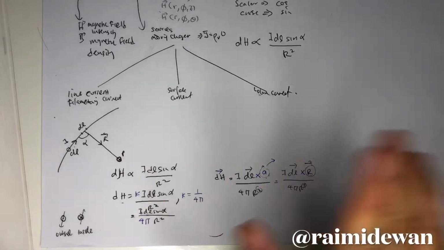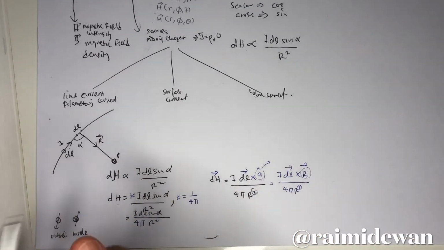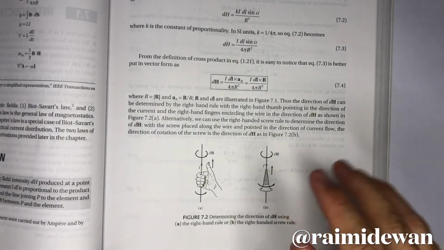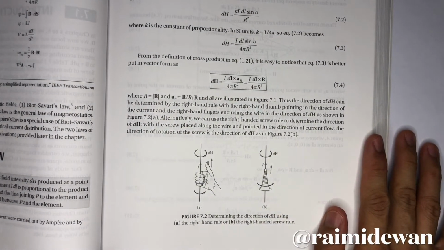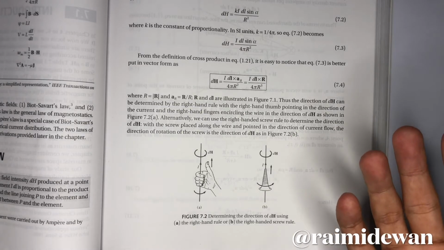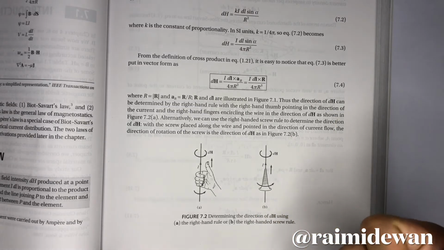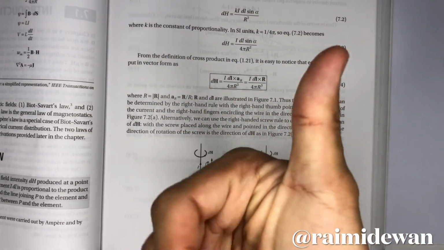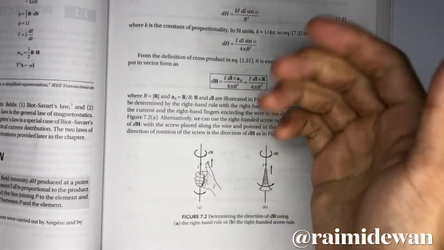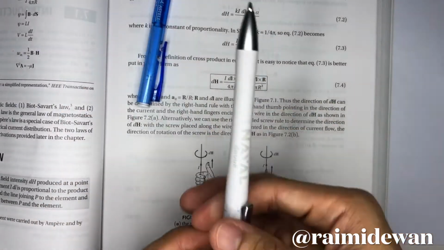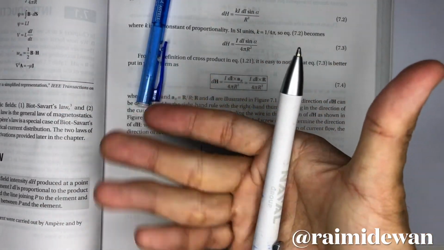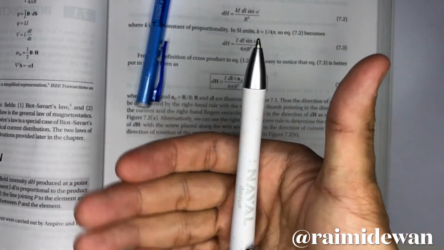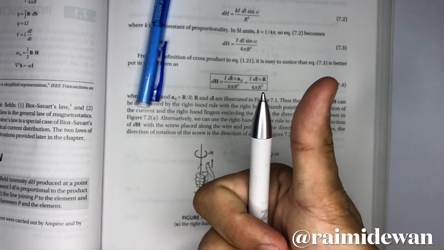Different there. In order for you to know the direction, you can use the right hand rule or right-handed screw rule. If you have your field like this, if you say this is the line and this is your field circulating like this, what is your direction of current here?